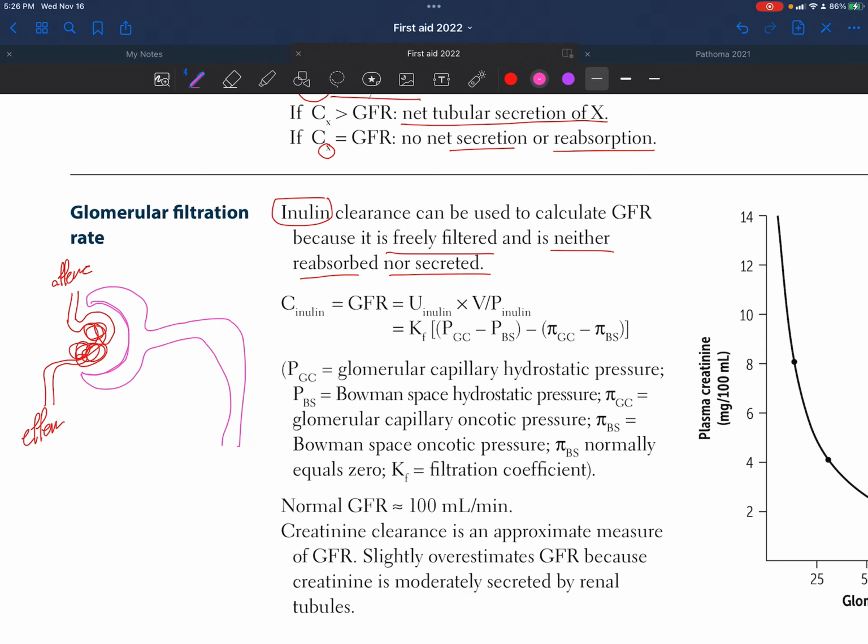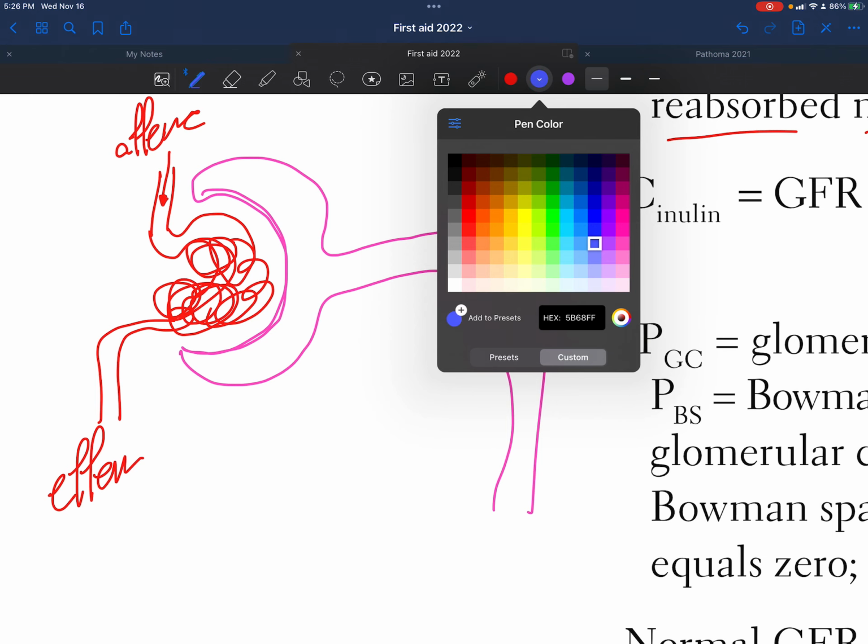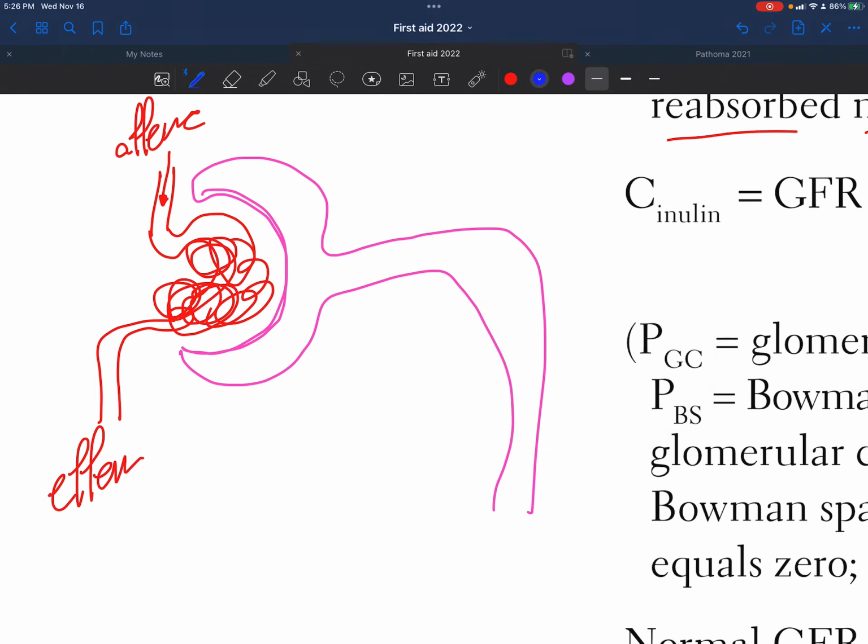What normally should happen is that whenever blood comes into the glomerulus through the afferent arteriole, it contains, let's say, a material X or inulin or whatever solutes, like this unknown material.